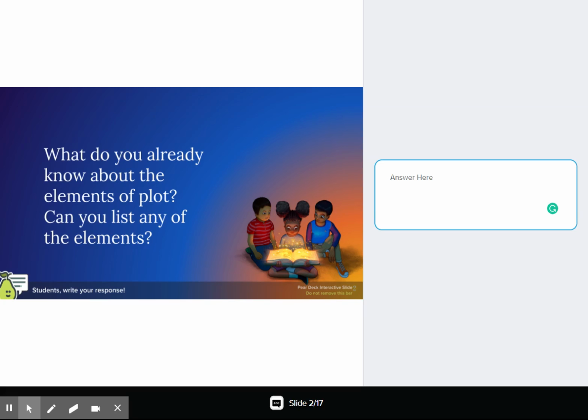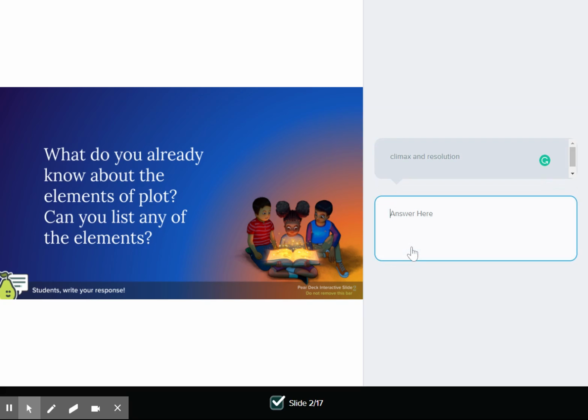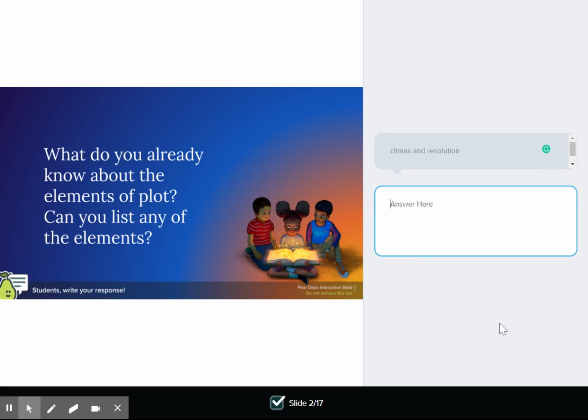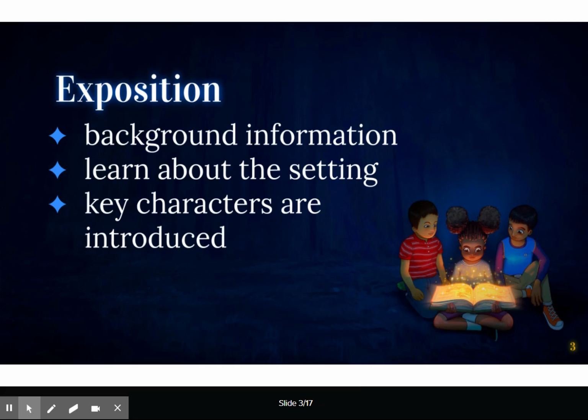I'm just going to put climax and resolution. You don't even need to click anything, and this automatically populates on the teacher side of things. And they can always add another response if they want to. All right, let's move it ahead.